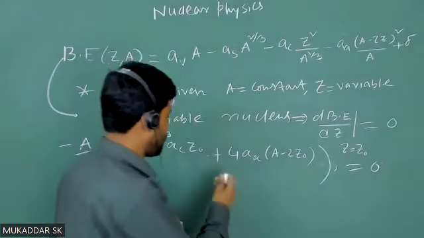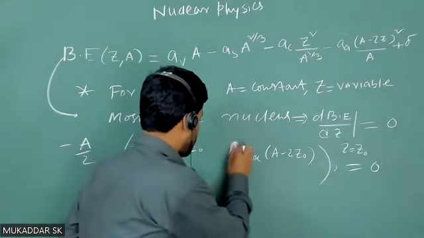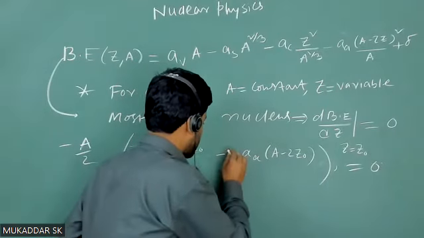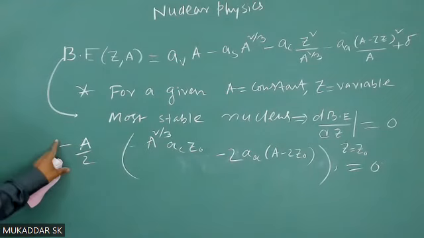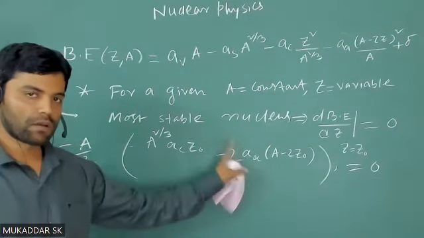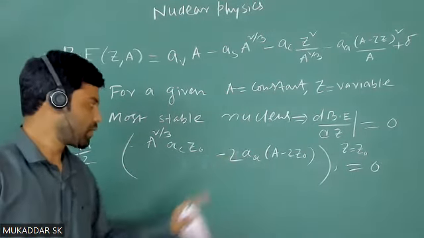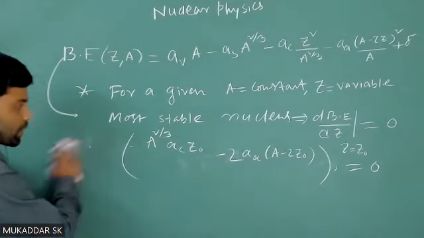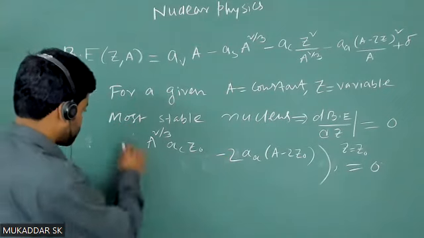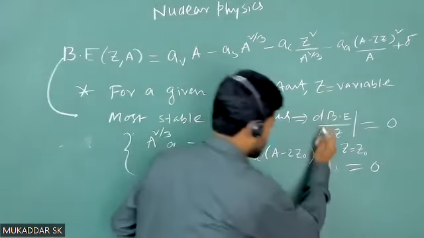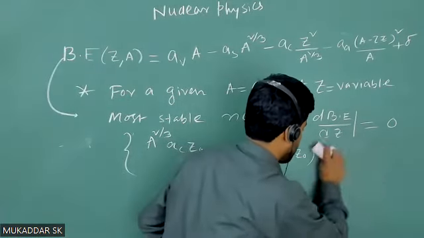This A will be cancelled, and from here it will become -2, because here it is -1 by 2, and here you had 4, so it will be -2. Okay? Is it clear? Check and tell me, is it correct?